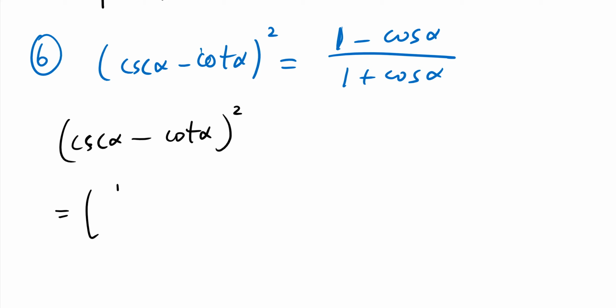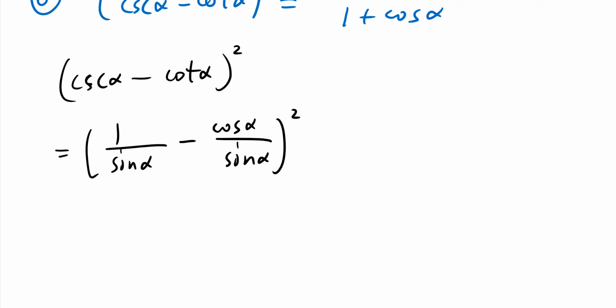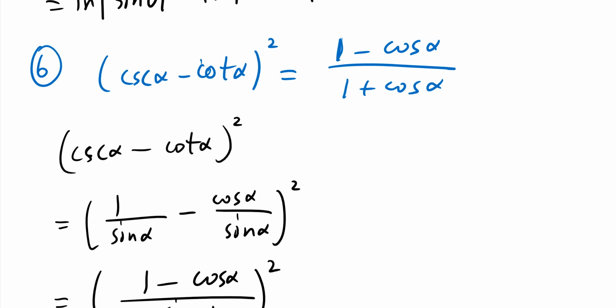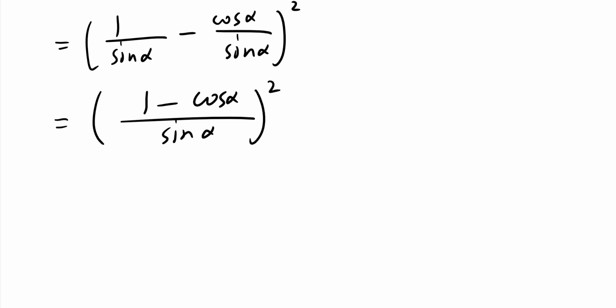So it would be convenient if you write this as 1 over sine, and this is cosine over sine, all squared. And before I square this, notice that they have a common denominator sine alpha. So on the top we got 1 minus cosine alpha, all squared. Keep an eye on the answer. It's only 1 minus cosine, 1 plus cosine. So all of it has just cosines in it.